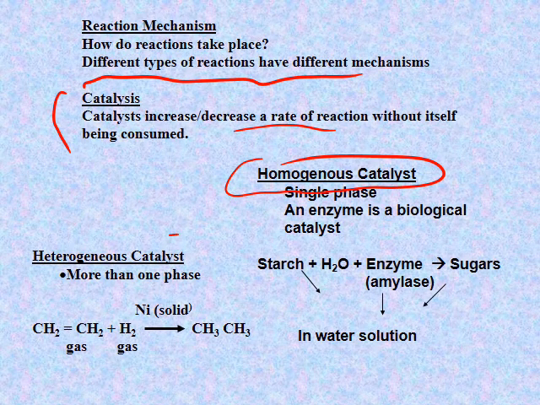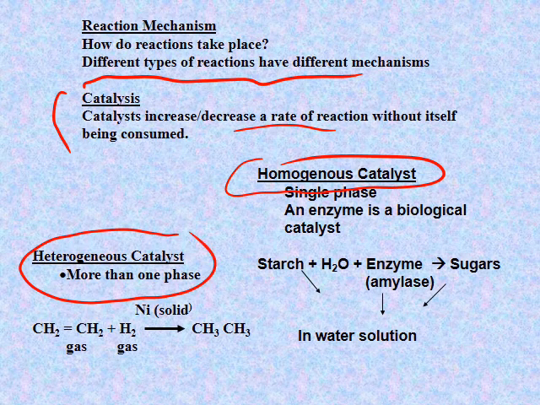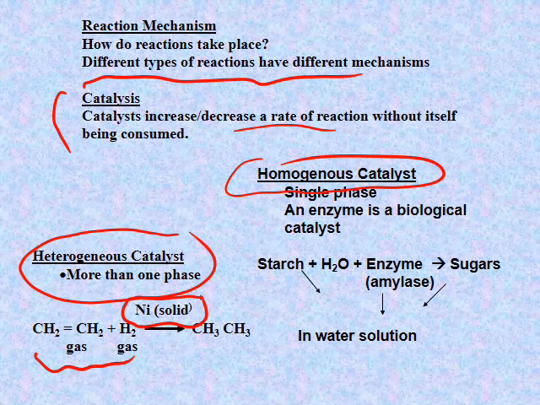On the other hand, there are heterogeneous catalysts too. In many reactions, scientists use a heterogeneous catalyst. For example, solid nickel acts as a catalyst in the reaction between two gases, ethylene and hydrogen. When they react, they give ethane.